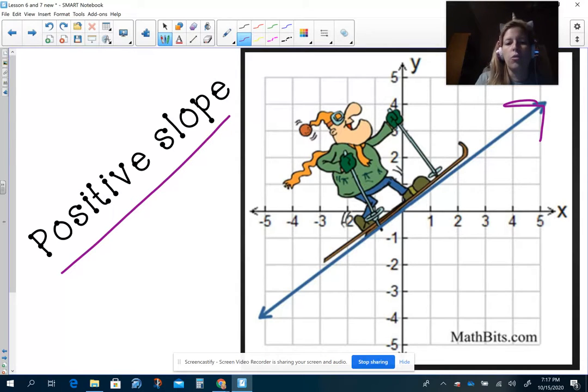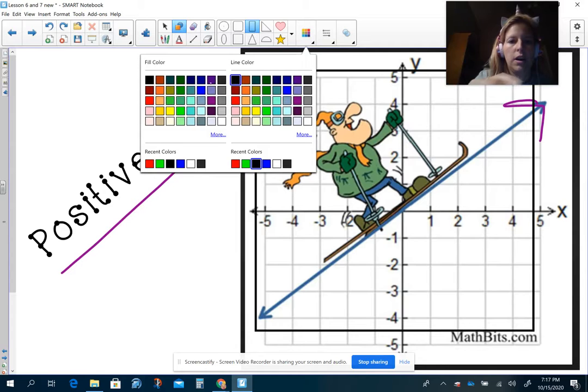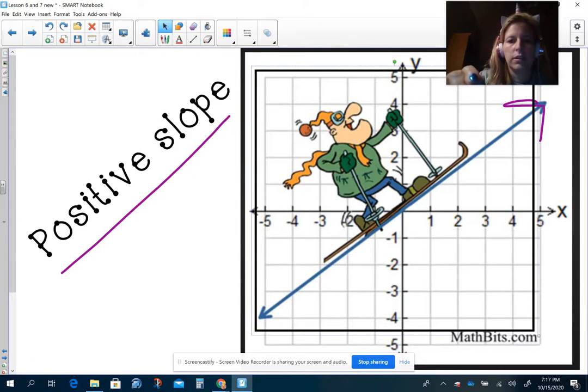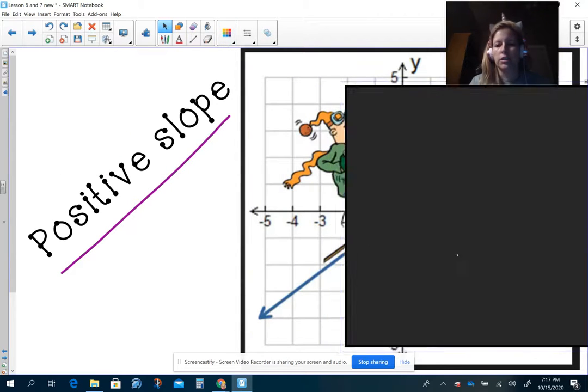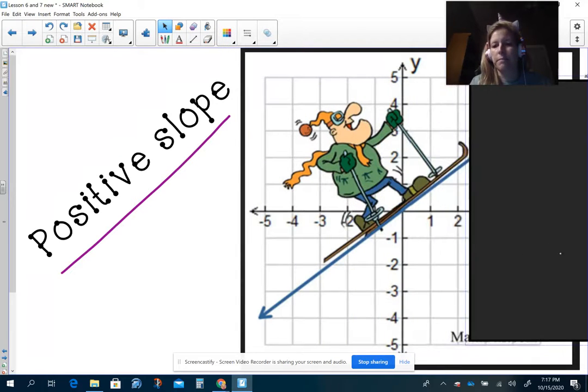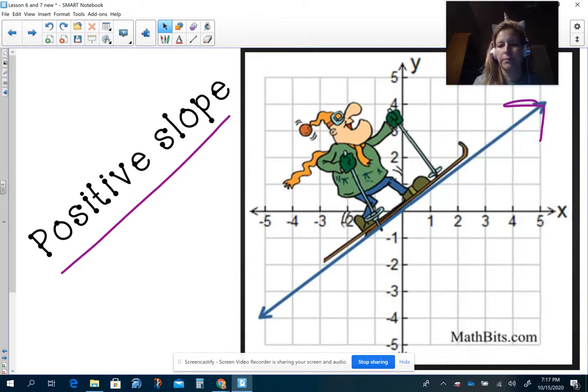And also, we're reading from left to right. So if I make my square, okay, watch. See how the line goes up? All right, positive slope.